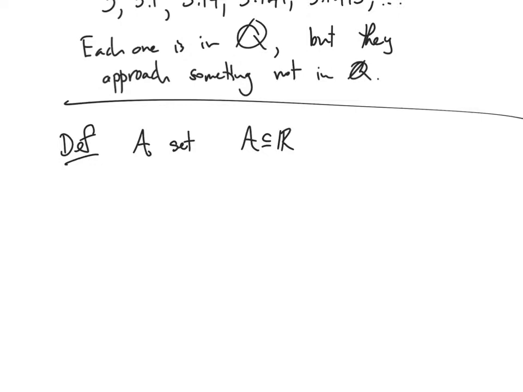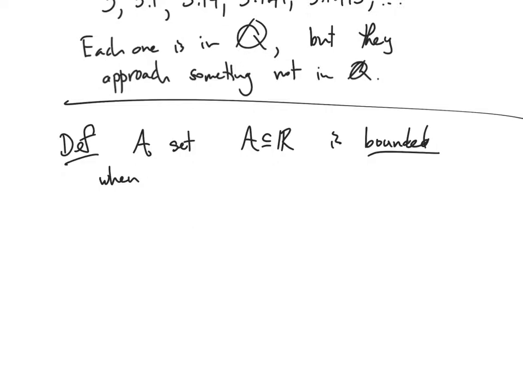A set of real numbers is called bounded when, this is what you think it means, there's some number which is bigger than all the values in the set. The set doesn't stretch all the way up to infinity. It eventually stops somewhere. There are two kinds of bounded: bounded above and bounded below.